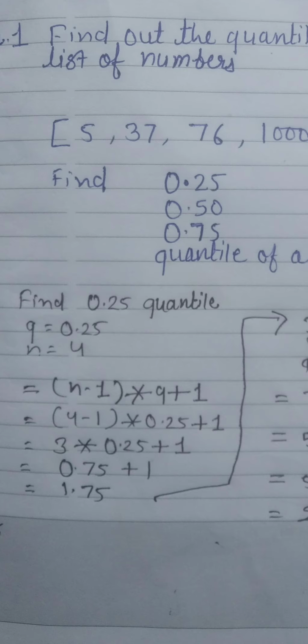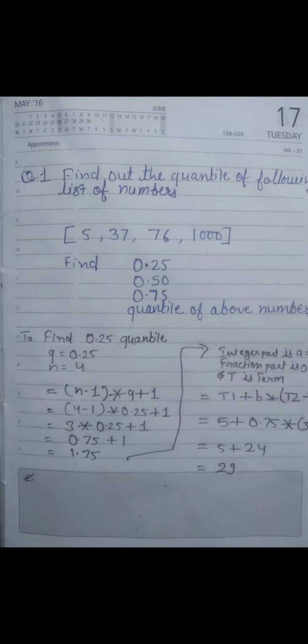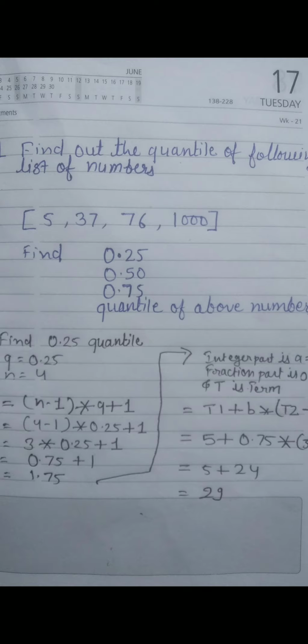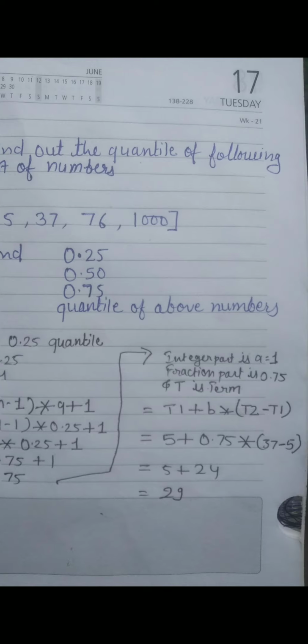First of all the bracket will be solved, so the result is 3 times 0.25 plus 1. Now multiplication will be done first, so 0.75 plus 1, and the result will be 1.75, but it is not the quantile. Now the next step to find the 0.25 quantile or 25th percentile is this one.